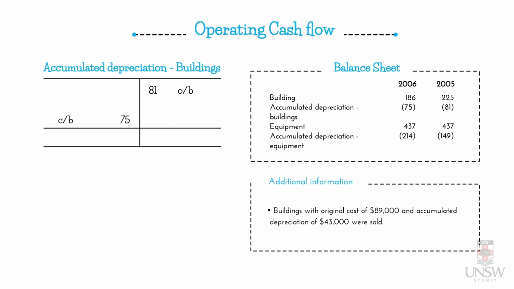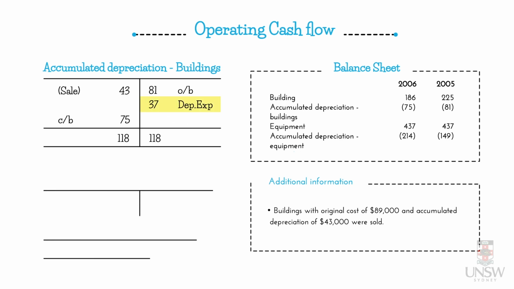So we need to calculate the missing amount of depreciation on the credit side, and we're going to put in the write down based on the sale. So we had a sale of buildings and we wrote down accumulated depreciation 43. So we can total up the debit side to be 118, and this will be equal to the credit side. So minus the opening balance gives us depreciation expense of 37.